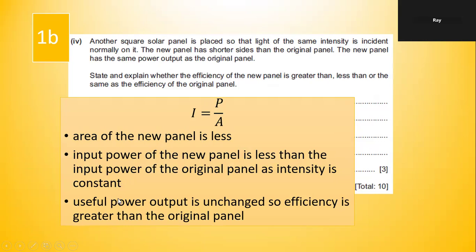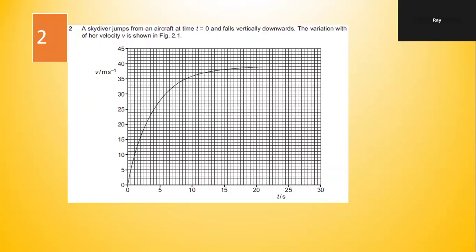Useful power output is unchanged, so efficiency is greater than the original panel. Okay. Can? Which one is not clear? It's all right. Okay.